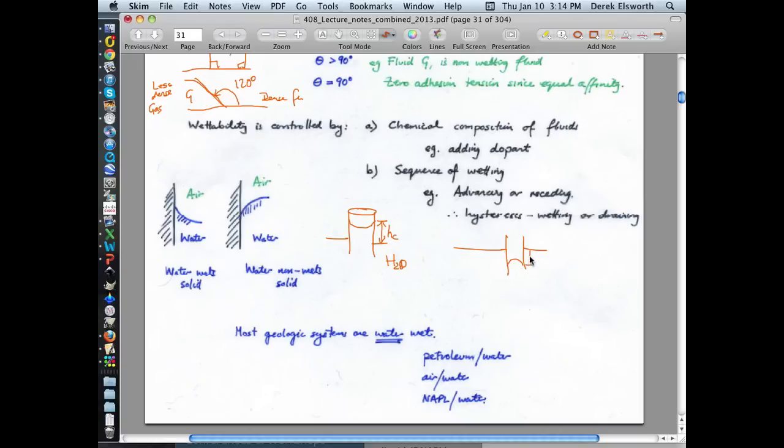And this would be negative Hc. This would be in mercury. And so depending on, usually with this behavior here, right? So if you blow this up, you have this. This is less than 90 degrees. This is wet.